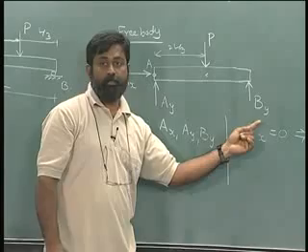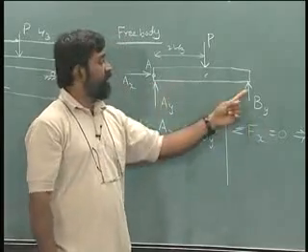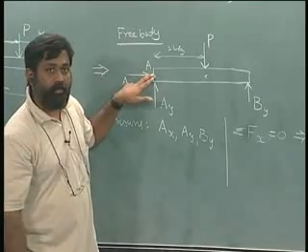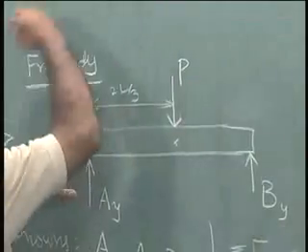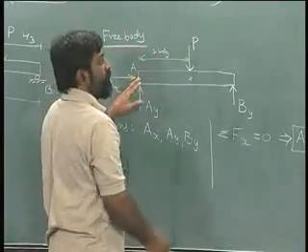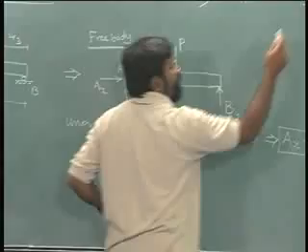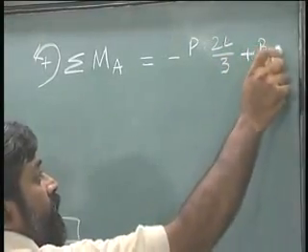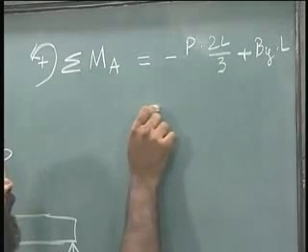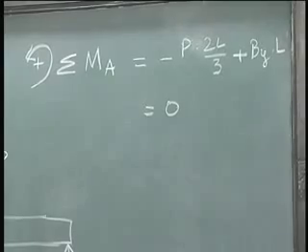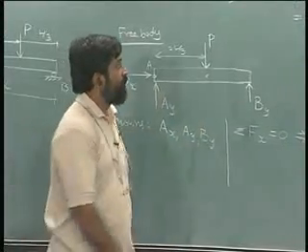The other one is to do with By, and that is at a distance L. I hold the pivot again at this particular point A and see the direction of the contribution of By. It is anti-clockwise like this, and therefore this is plus By times L, and that is equal to 0 because of the condition that the rigid body is stationary.